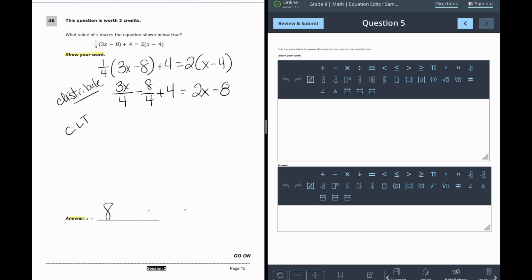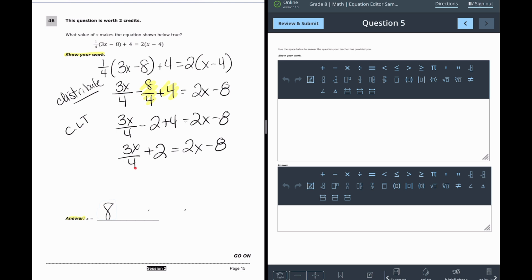And here I have 2 whole numbers. So 8 over 4 is just 2. 3x over 4 minus 2 plus 4 is equal to 2x minus 8. 3x over 4 plus 2 is equal to 2x minus 8. And now I just have to decide where do I want the x's?